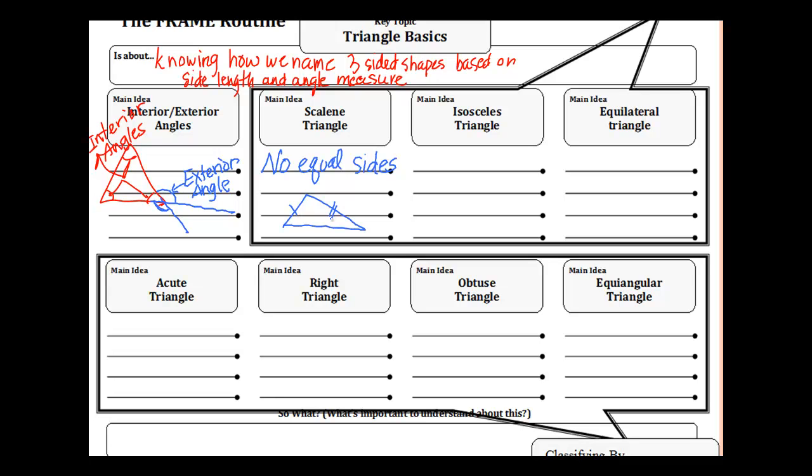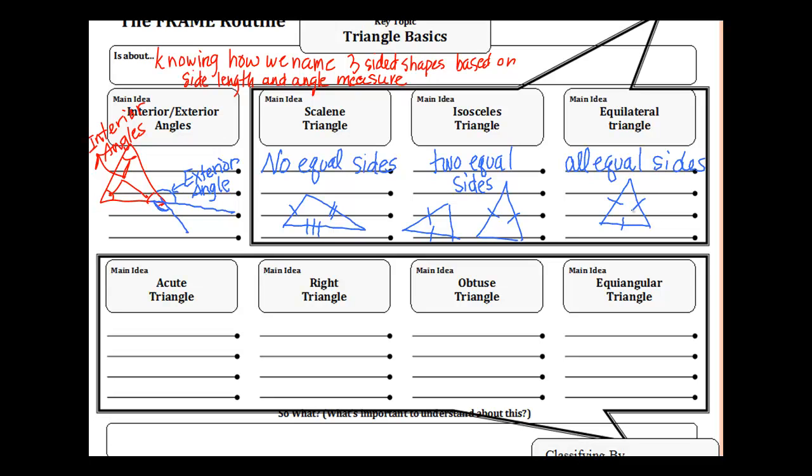These are all three different lengths, so I'll put a different number of markings on them. Isosceles has two equal sides. An isosceles will look something like this, and those two are the same, or you could see one laying on its side, and those two would be the same. An equilateral triangle has all equal sides. So I'll draw an example, and all those sides are going to be the same.